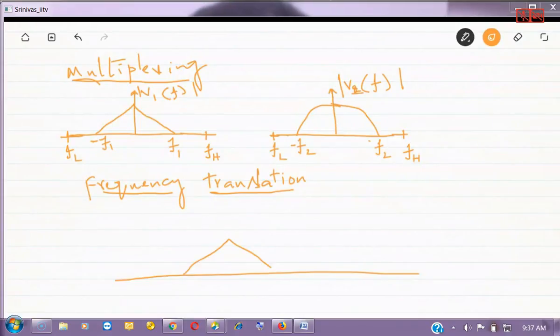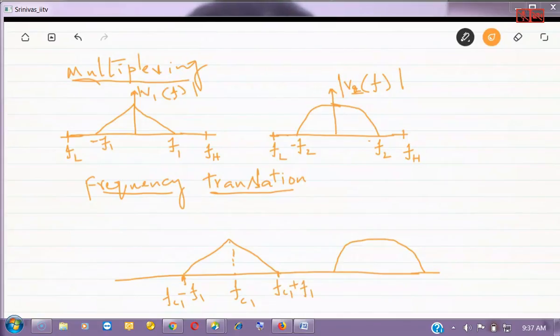So this is the first signal. This is the second signal. This is FC1, and this point is FC1 minus F1, and this point is FC1 plus F1, right?